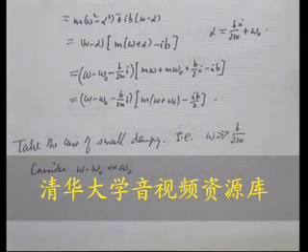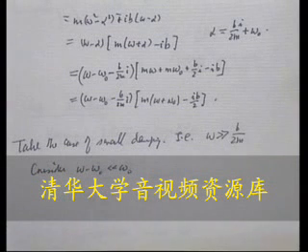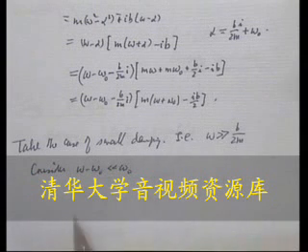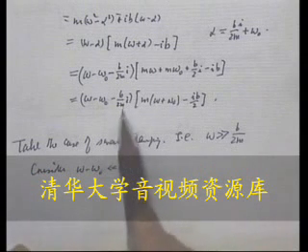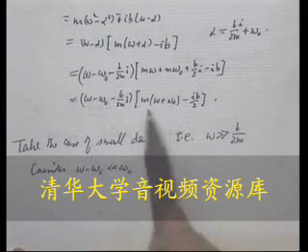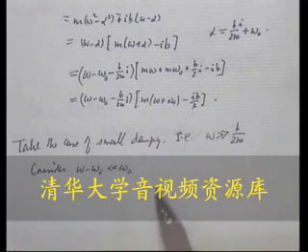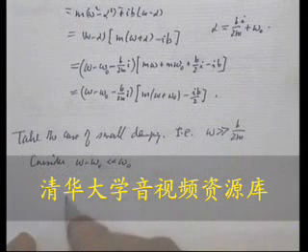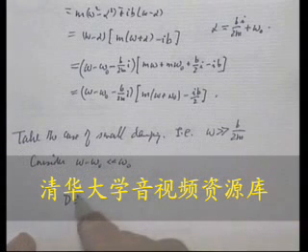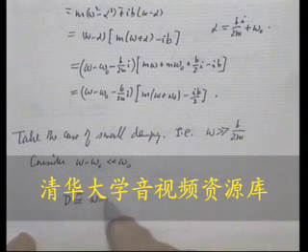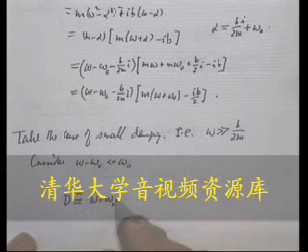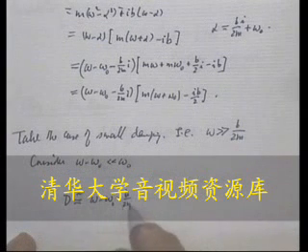That omega is large, omega 0 is also large, but the difference between omega and omega 0 can be small. That difference may be of the same order as this damping term. And here you see this is a large number, this is a small number. So d in that case is approximately equal to omega minus omega 0 minus i b over 2m.